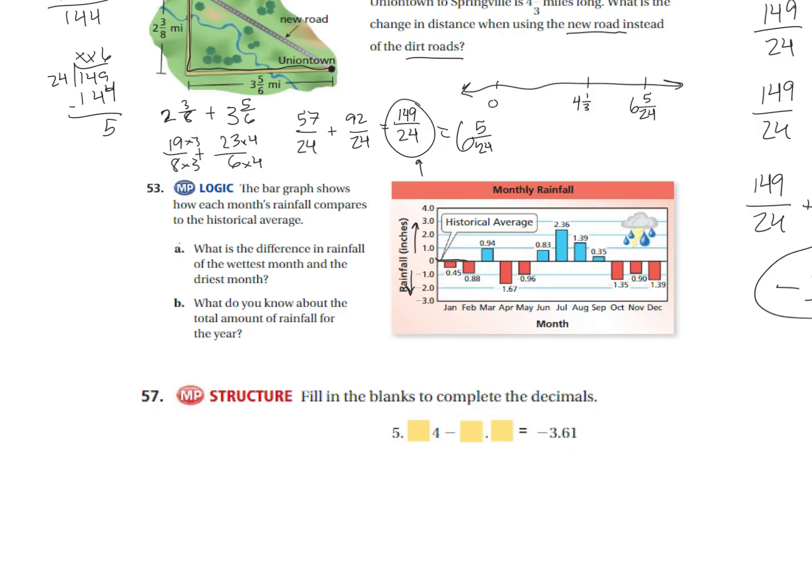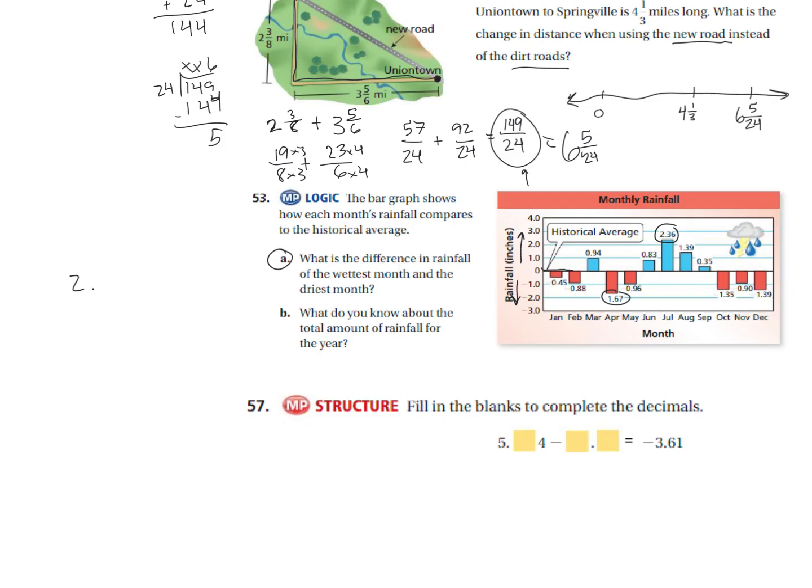Okay, so for part A, I'm looking for the one where we got the most amount of rain, which would be 2.36 over what we expected. And then the driest month would be the one where we had the least expected on average. So for part A, I'm going to take my most rainfall month, and we're going to subtract. Looking here, all of these are negative, so really this is a negative 1.67.